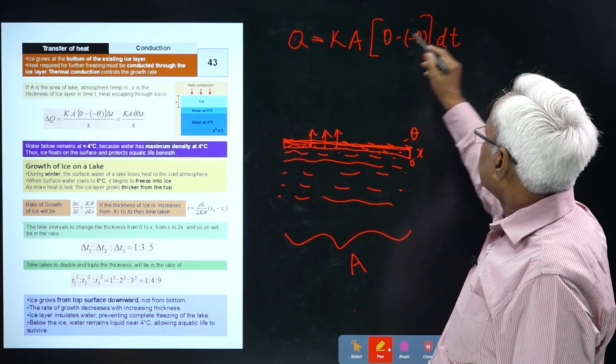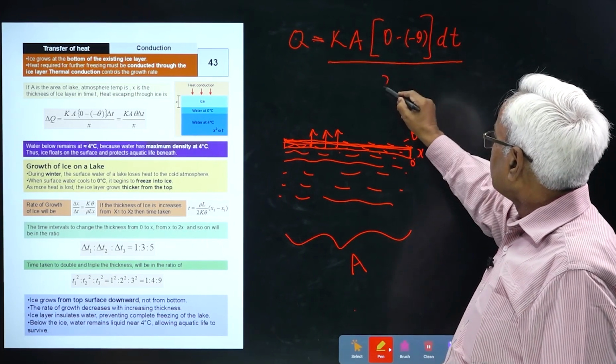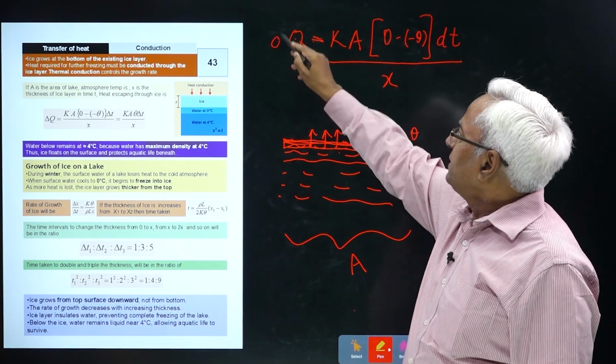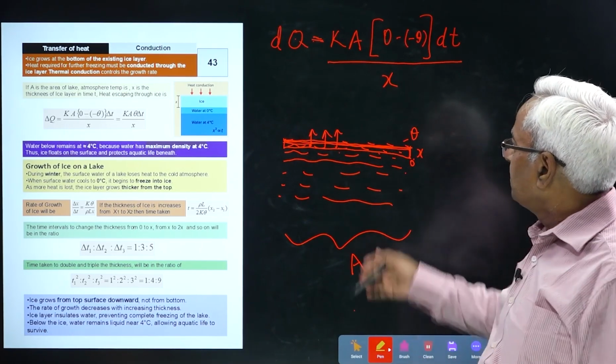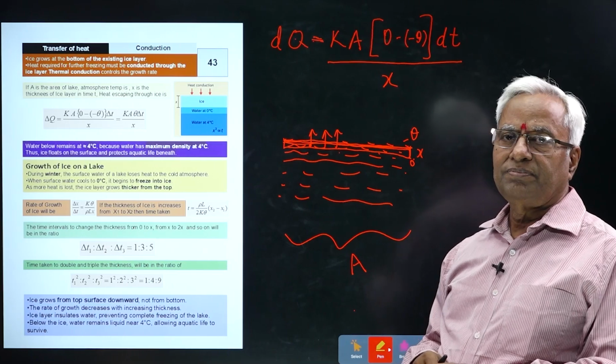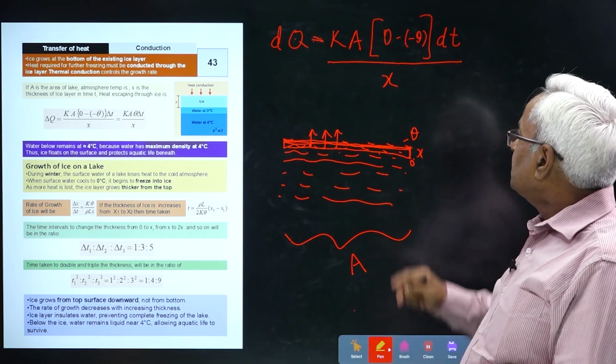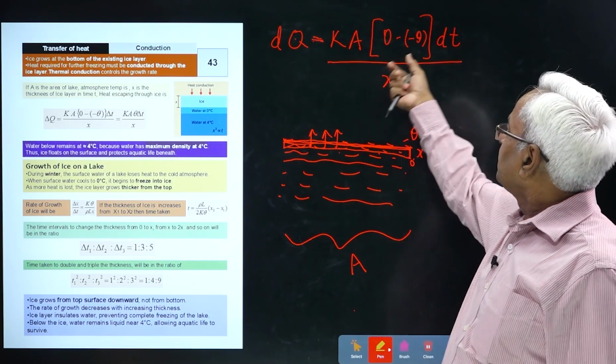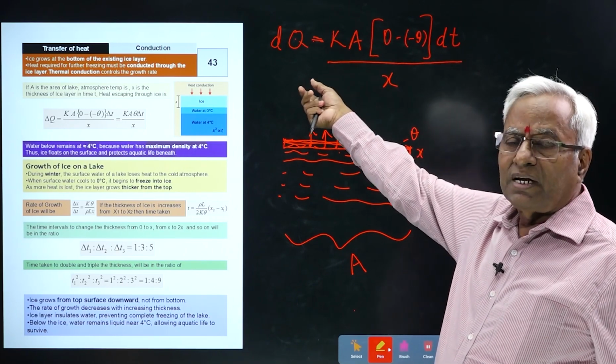Suppose you are considering the time dt, and the thickness is x. The heat that has flown in time dt will be given by this relation. Then dQ/dt is the rate of heat transfer.